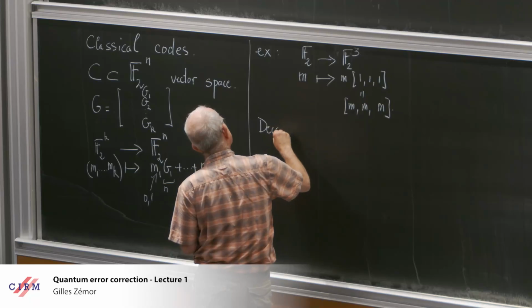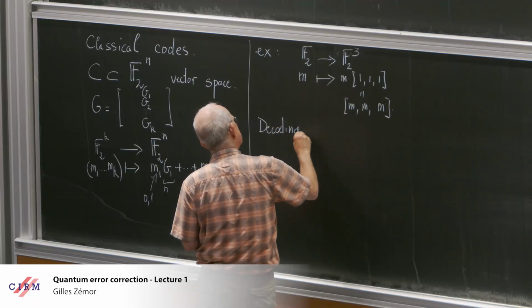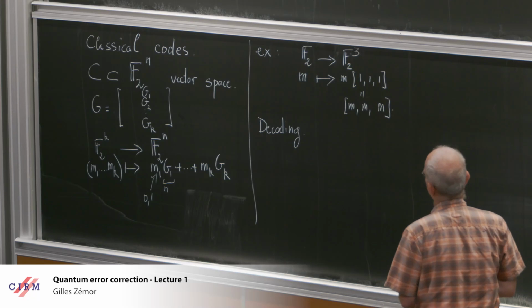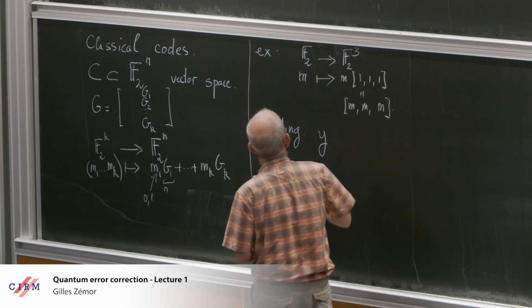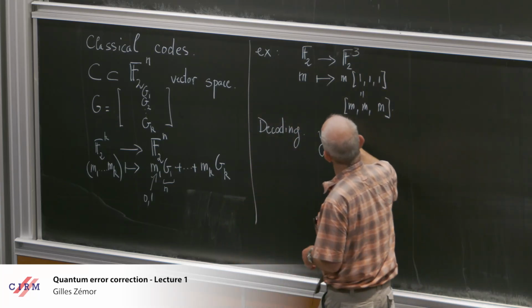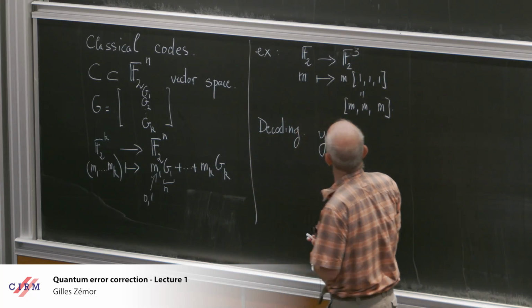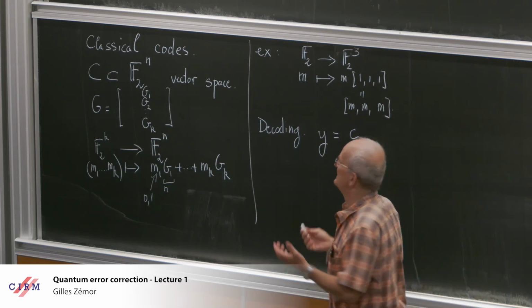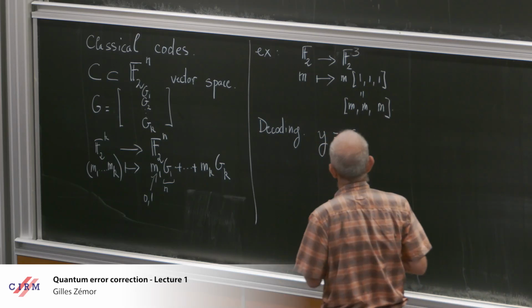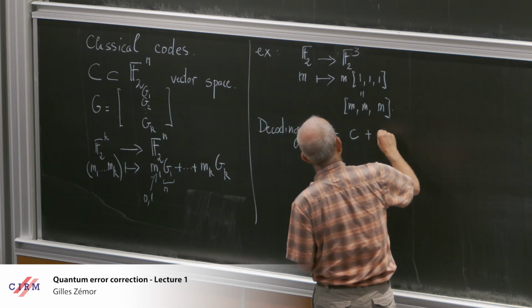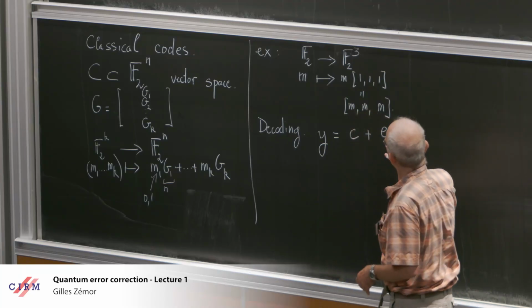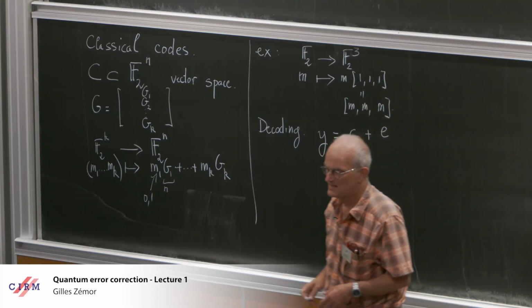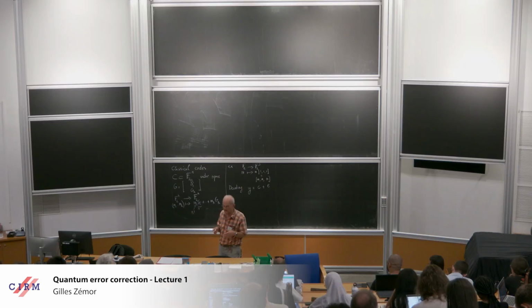And then, what is all this for? It's to solve the decoding problem. So what is the decoding problem? Errors occur. So you start with a code word C, and then this code word gets tortured in all sorts of ways. Noise gets added to it. So you're given as input a code word which is corrupted by a vector E, and the vector E, the error vector, you think of it as an error of small weight.